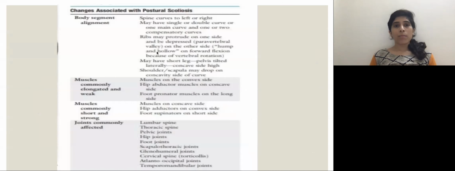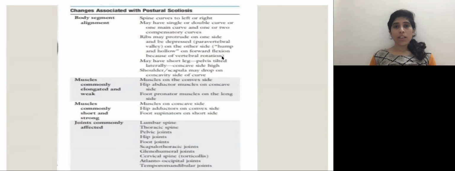So these are the changes associated with postural scoliosis, like bony segment changes. We can observe the difference between the spine's curves on the left and right side. The ribs will get protruded towards the concave side.